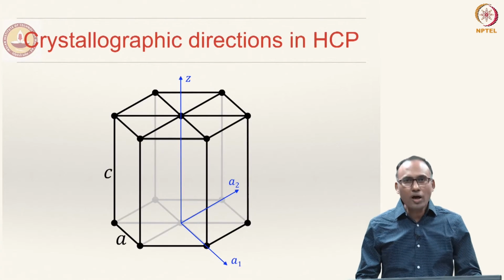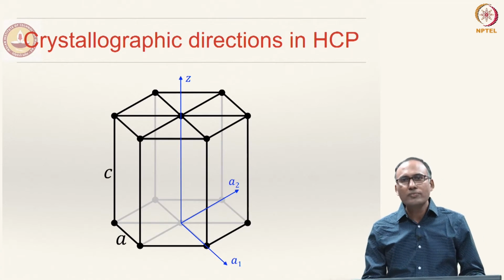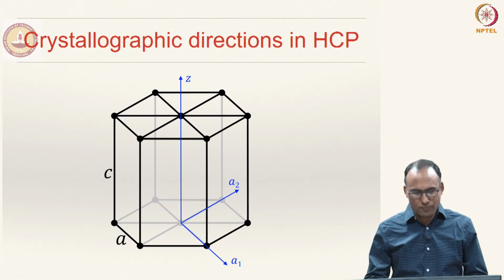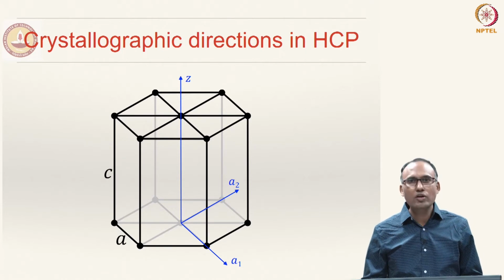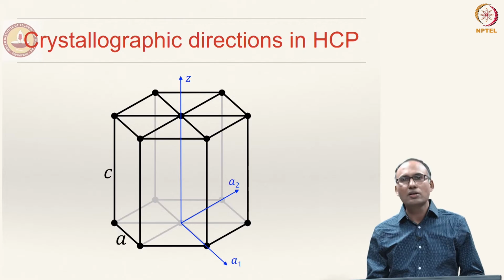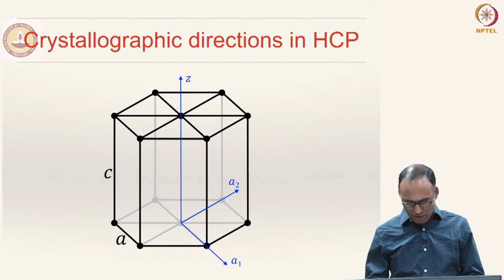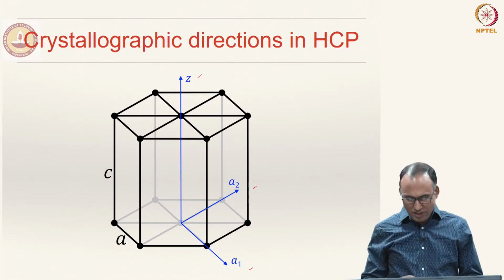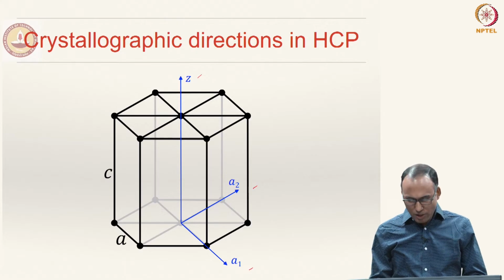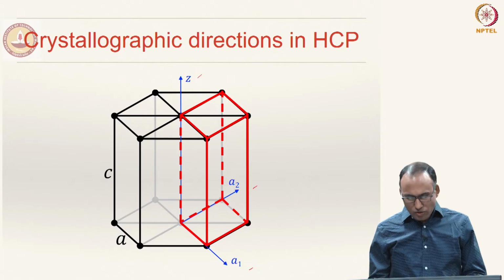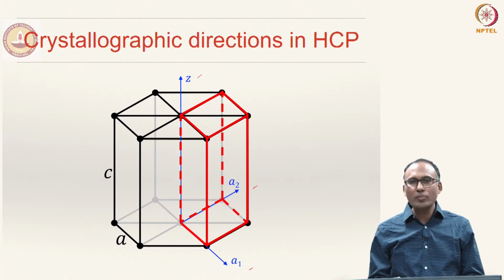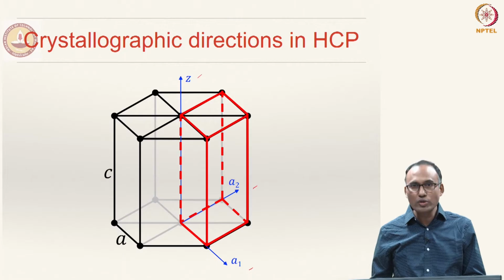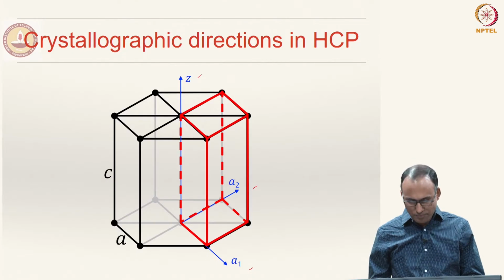Alright. Having discussed how the crystallographic directions are shown in a cubic crystal, let us look at the hexagonal close packed structure. Suppose you take a hexagonal crystal which has 3 lattice vectors A1, A2 and Z. Z is the out of plane direction, and in the base plane, or basal plane, you have these 2 lattice vectors A1 and A2. This can be one of the definitions of our unit cell for a hexagonal close packed system.